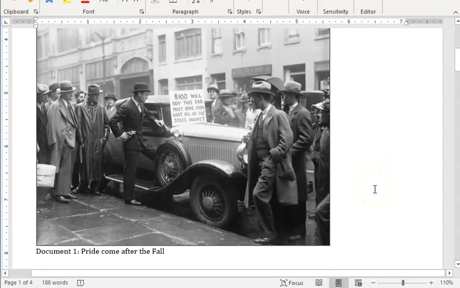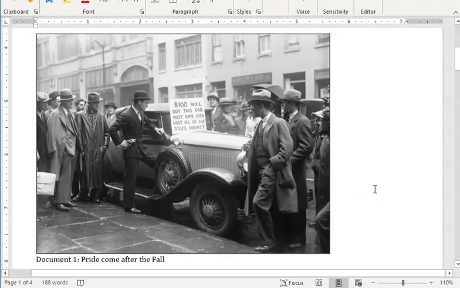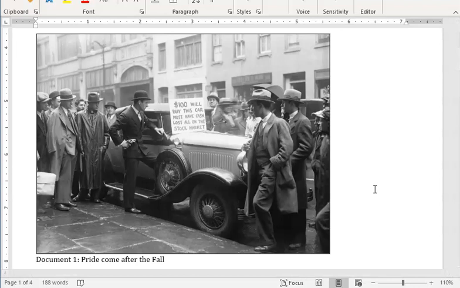So let's say we're looking at this one, document 1, "Pride Come After the Fall." Now, if you're in your essay and you use this document, what you need is like 1 sentence, maybe 2, to explain what it is and a quick relation to your prompt, and you do that for 2 documents, and you're going to get that document point for explaining the content.